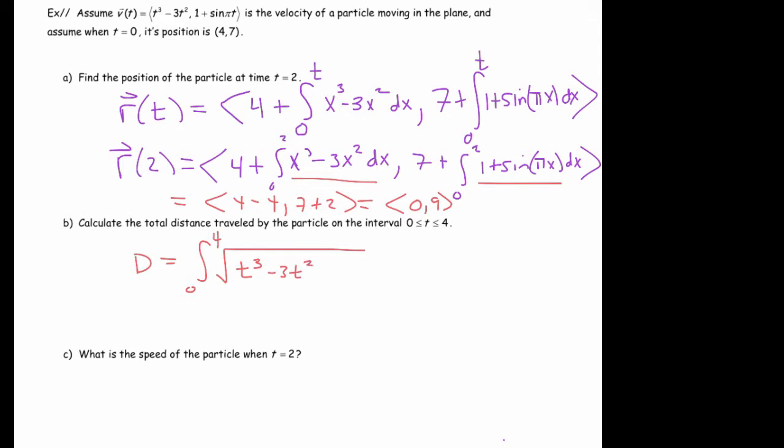This, again, if you think more notationally, t cubed minus 3t squared is just dx dt, where x of t is the x component of our position vector.